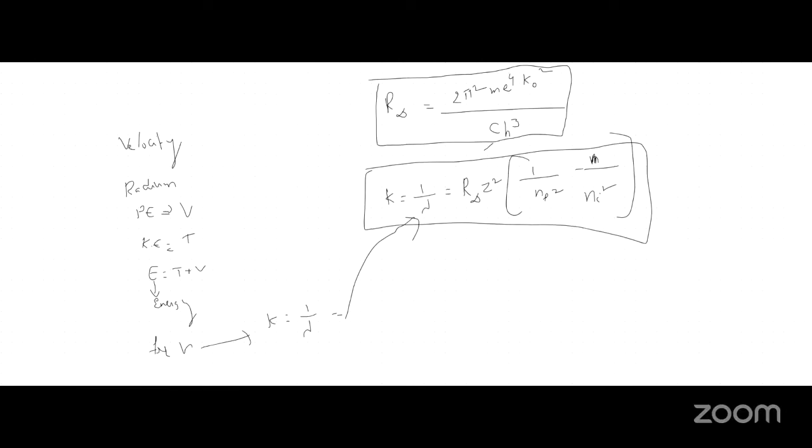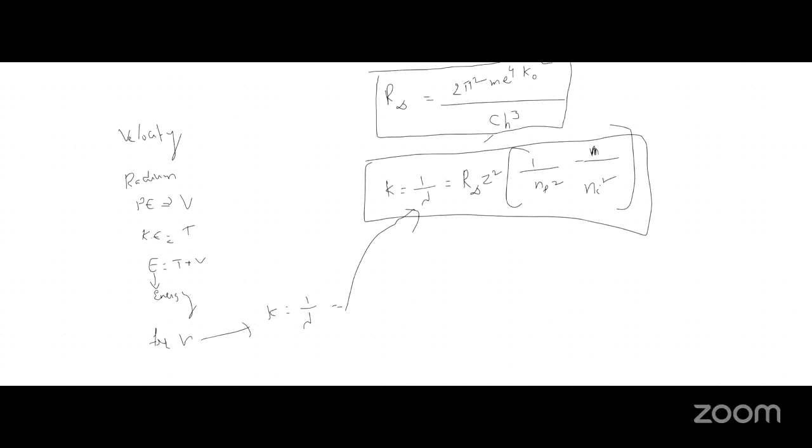The final formula is K equal to 1 by lambda times R infinity Z square, 1 by Ni square. Suppose NF equal to 2, what is Ni?